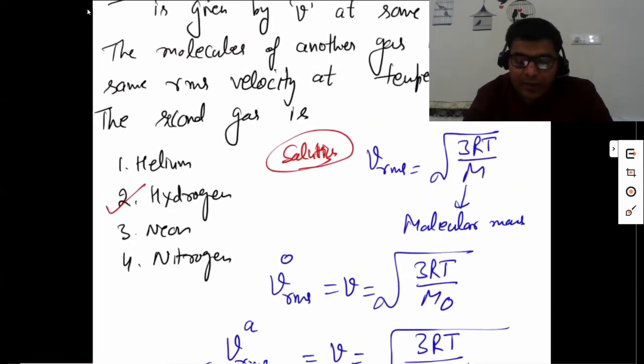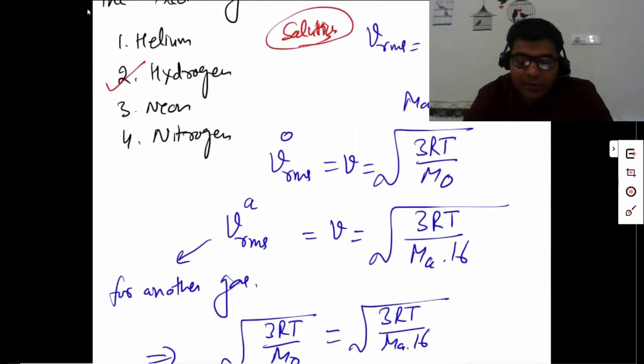And for another gas, let me write this VRMS as VRMS superscript A, the A for another gas, and it has the same velocity as the oxygen has, but at a different temperature, T by 16. So I substituted T by 16 in place of T, and the mass of the other gas I've denoted as Ma.